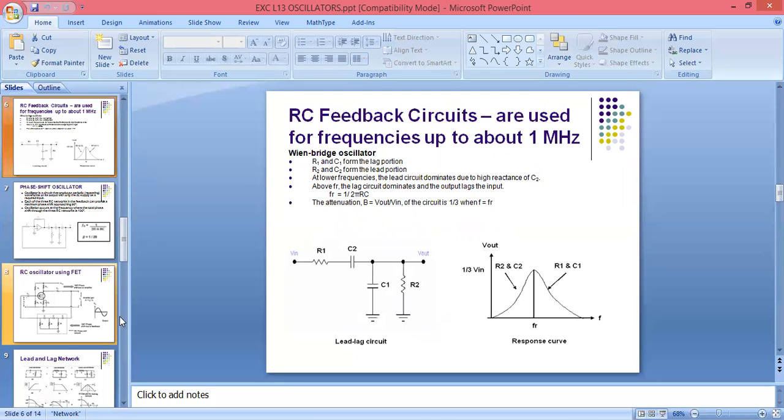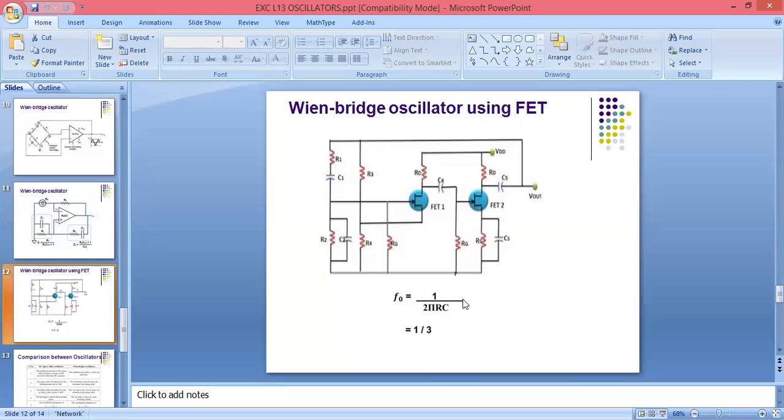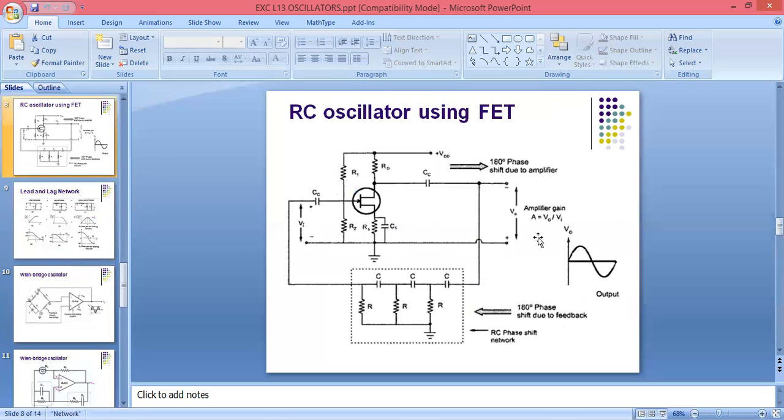So here we will get the same frequency in the Wien bridge oscillator. The frequency of the Wien bridge oscillator will be 1/2 pi RC. But instead, in the RC coupled phase shift oscillator we will get 1/2 pi RC into 1 upon square root of 6, due to this RC phase shift network, because again it is giving us 180-degree phase shift.